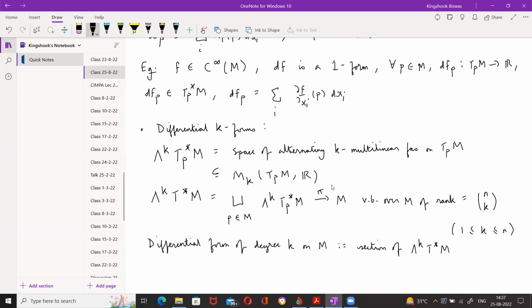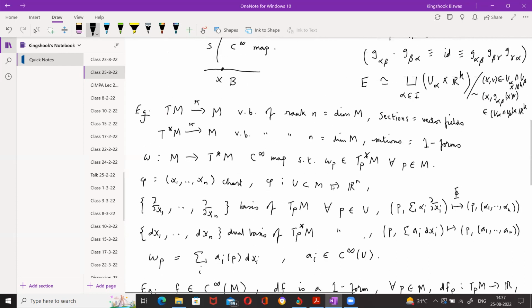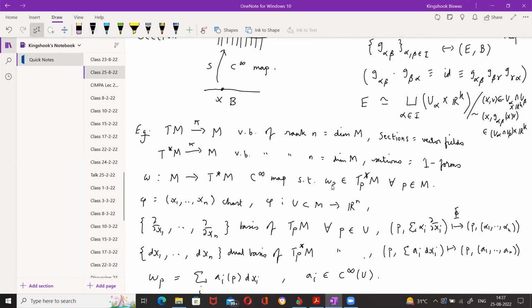Since sections take values in a vector bundle, we can add sections pointwise.